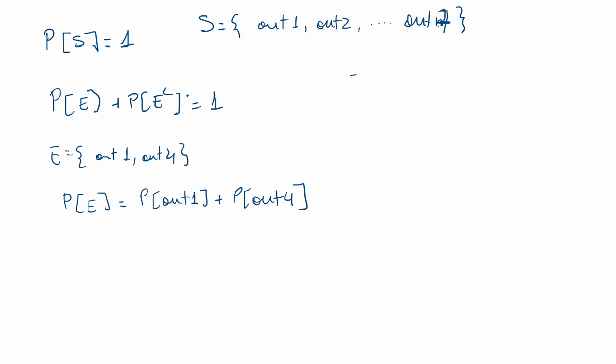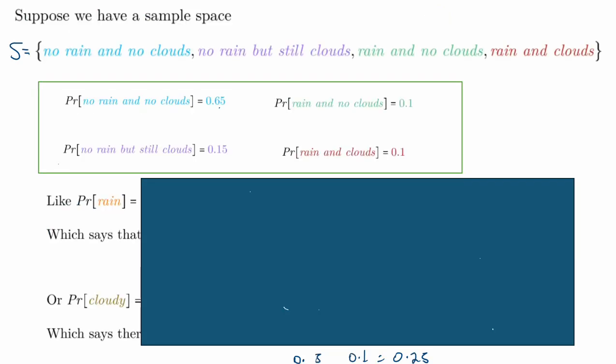So I want to do an exercise so that we can recap everything. Let's work with this. Say we're doing an experiment where we are forecasting the weather, and here's my sample space. I set up a sample space because I'm interested in analyzing rain and clouds, okay?